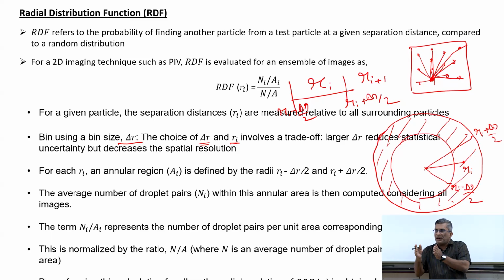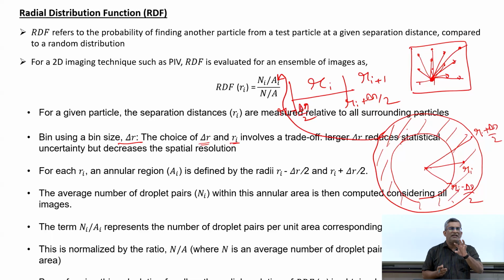So, for each separation distance you create basically a band, okay, an annular band. So, all the particles which you have captured within this bin, actually they lie in this band and this is what is this Ai, this is what corresponds to this area and the number of particles that you have identified in this band is Ni. So, how many particles you have in one band divided by area of that annular band.